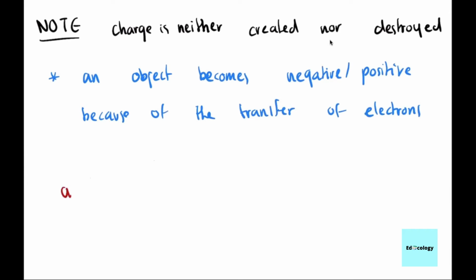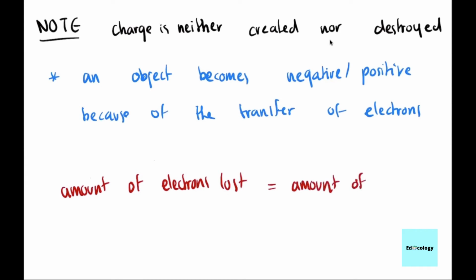And you should know that the amount of electrons lost by an object is equal to the amount of electrons gained by an object.